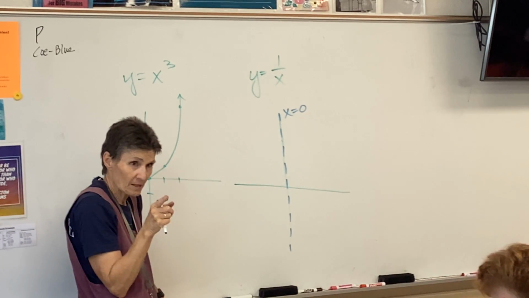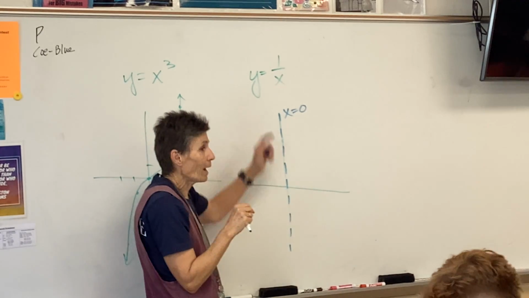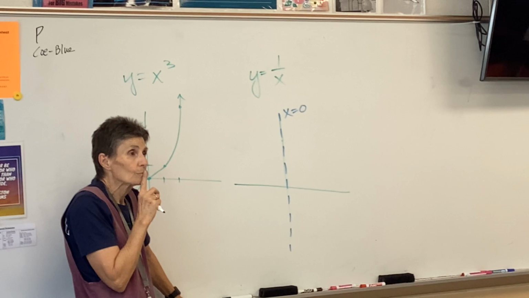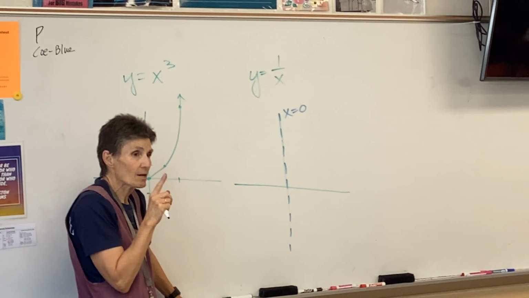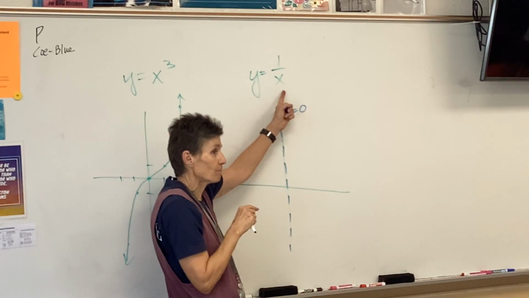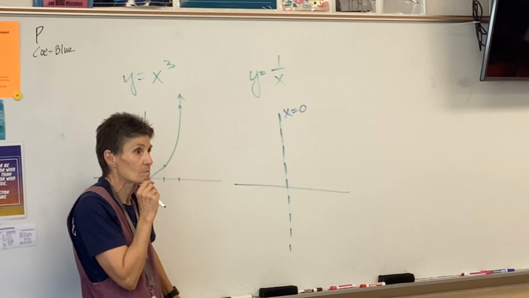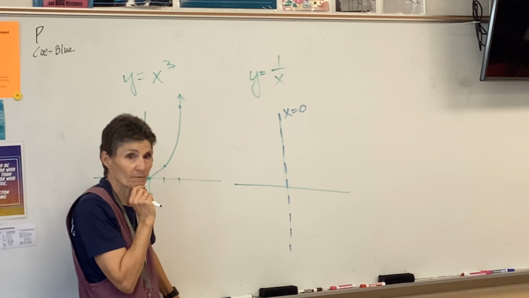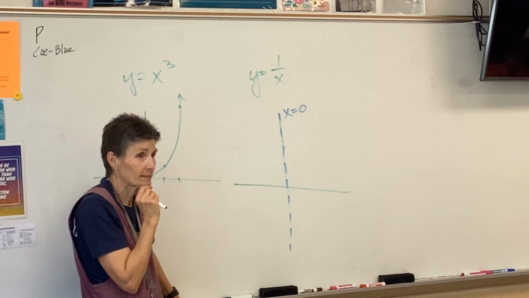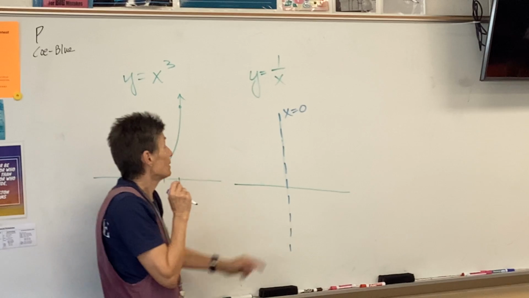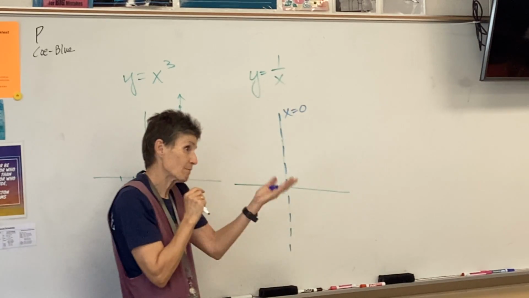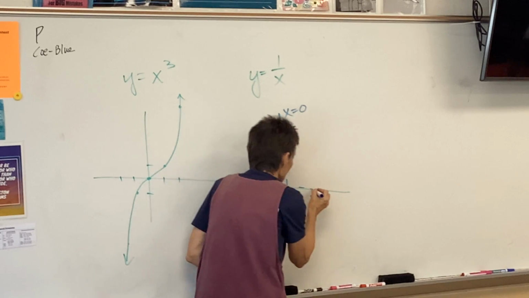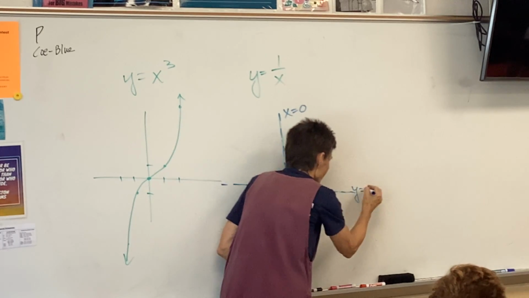Now, I want you to think about this. Can y be 0? Is there a number that you could put in for x and get 0? No. Think about it. 1 over something, is that ever going to be 0? Nope. So we have another asymptote at y equals 0.